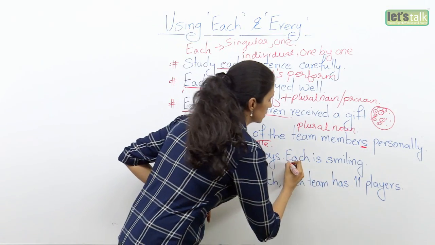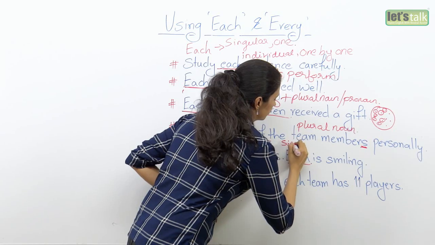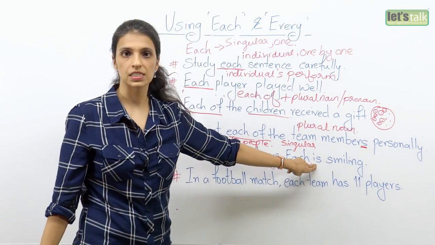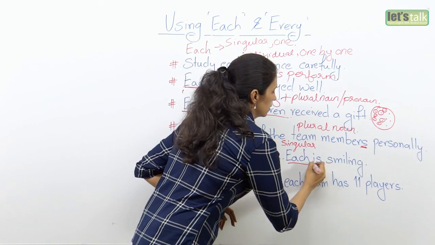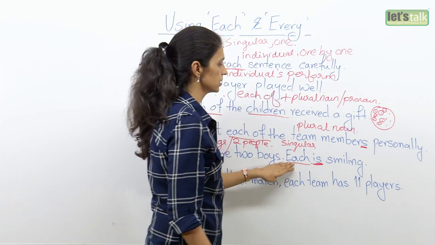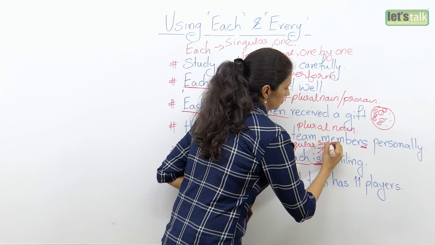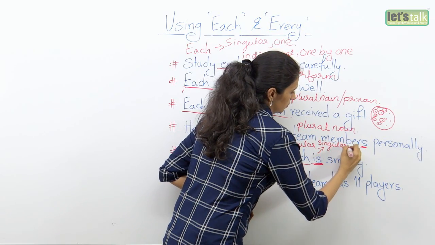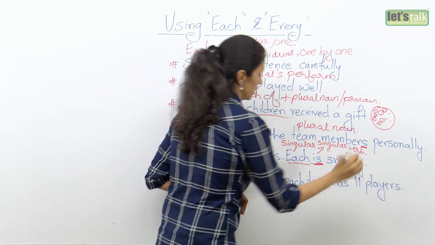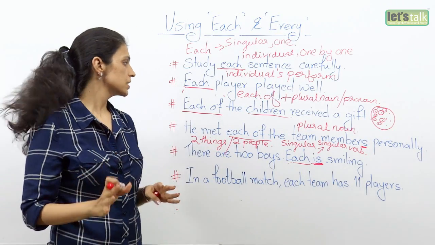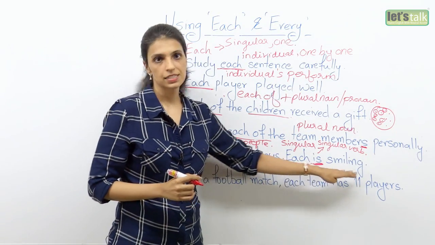So each is singular, like I said. So definitely the verb that follows is a singular because we are using a singular word here. So each is smiling. Now a lot of people would make the mistake and say each are smiling.